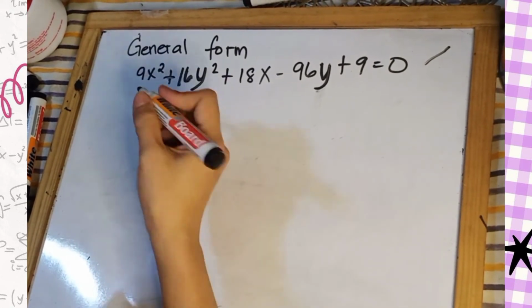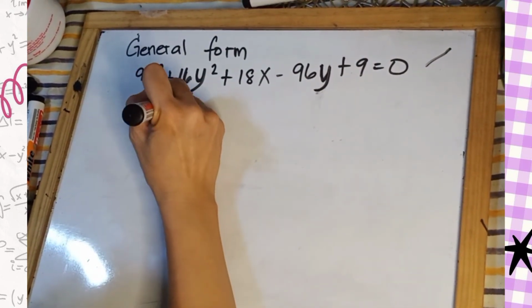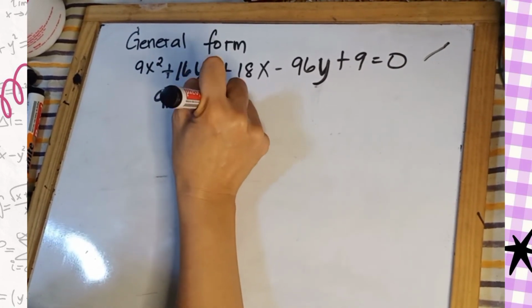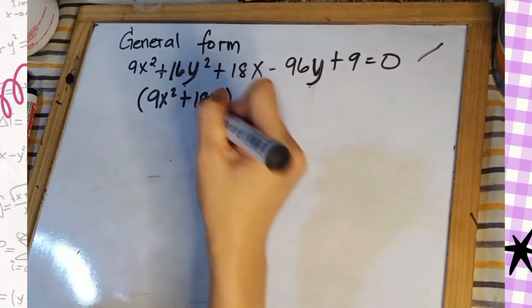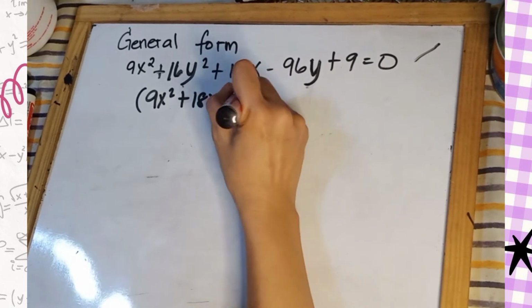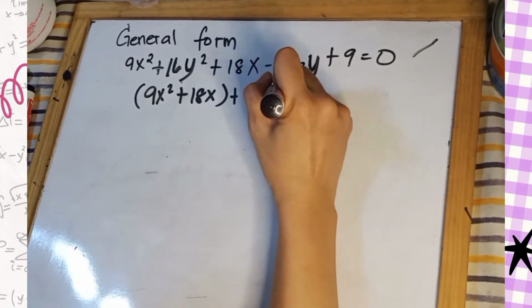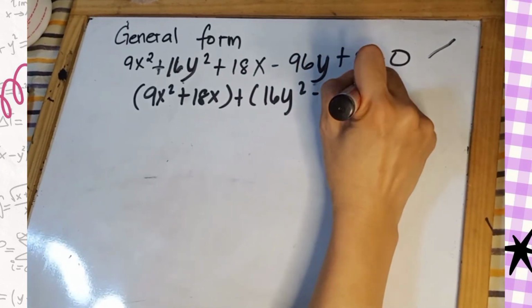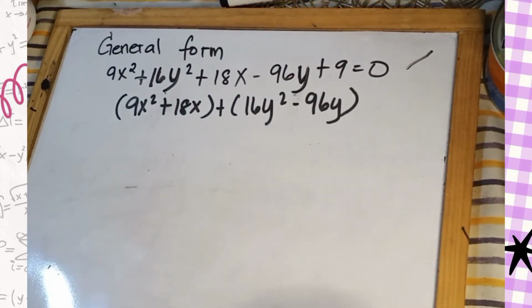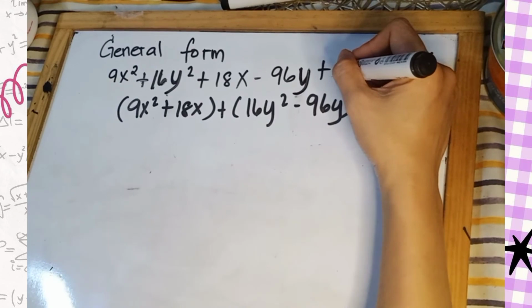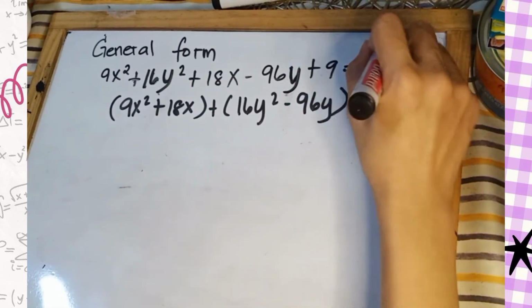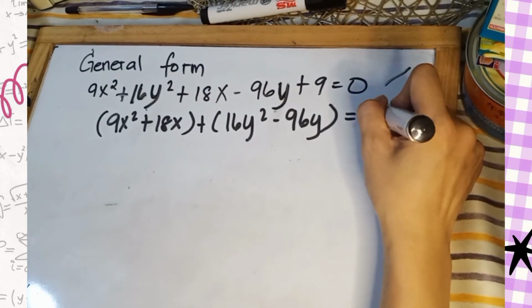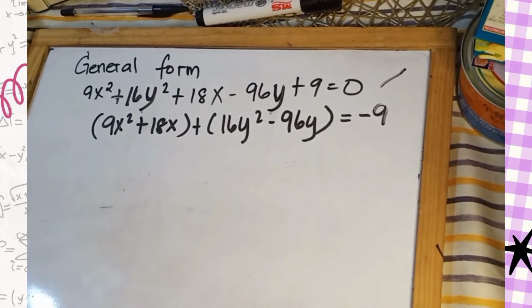So in this example, pwede nating i-group si 9x squared plus 18x since pareho silang may x. And then in our next group, we have 16y squared minus 96y. And then, yung constant natin na positive 9, ita-transpose na lang natin sa kabilang side. So, that will become negative 9.